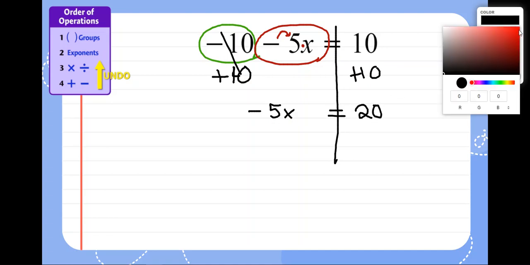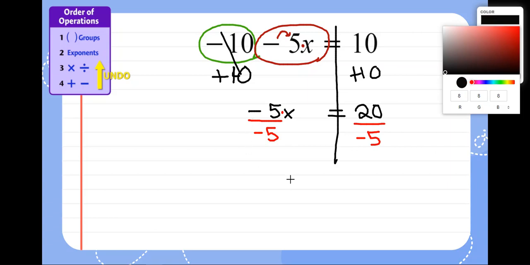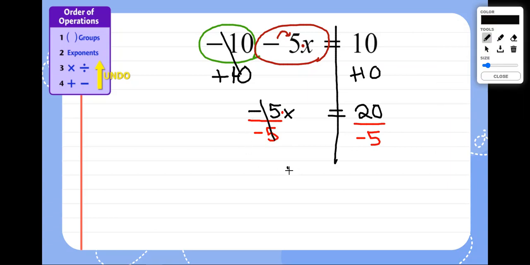Now remember, even though this might look like minus 5, we're actually multiplying by negative 5. So to cancel that out, we need to divide by negative 5 on both sides. And then we simplify and get that x is equal to negative 4.